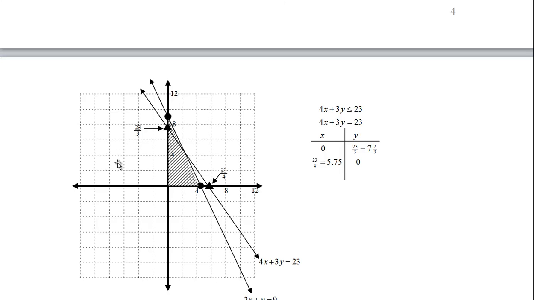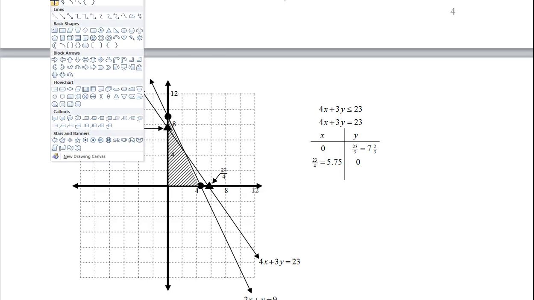Okay, now I still need to shade. Now what I shade can be this little sliver right in here, or this bigger portion. Well, let's go use the origin as a check. If I put the origin in, I get a true statement. So I need to shade to this side, so that means this bigger piece. So let's go get that little pencil again.